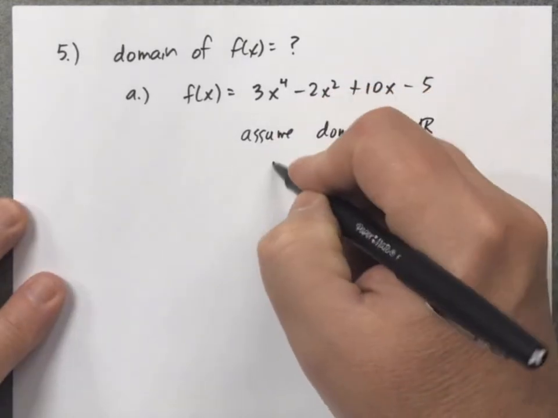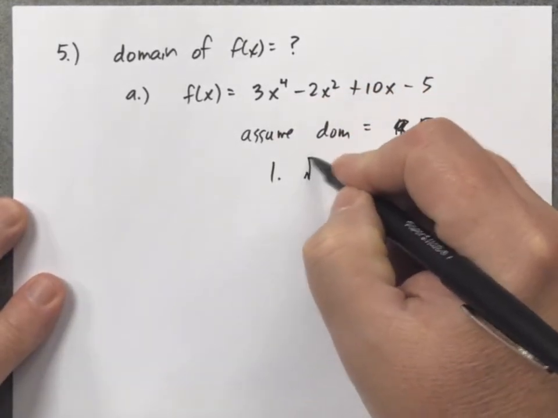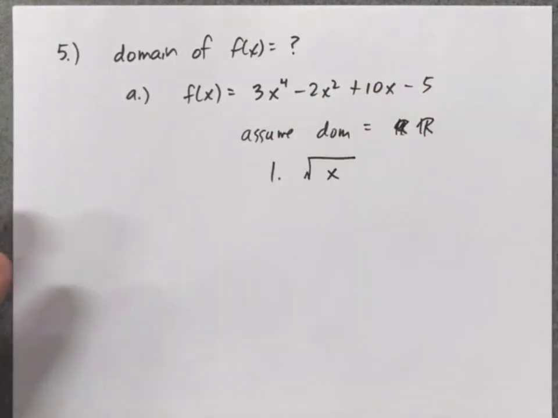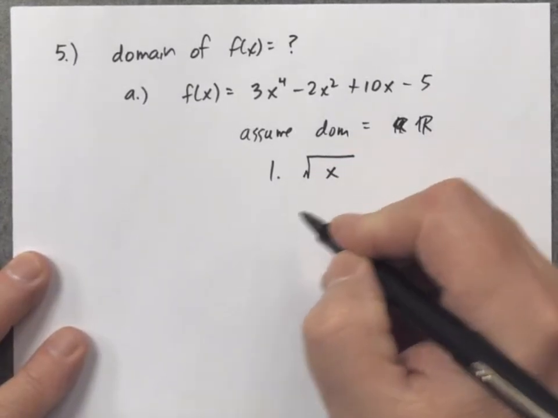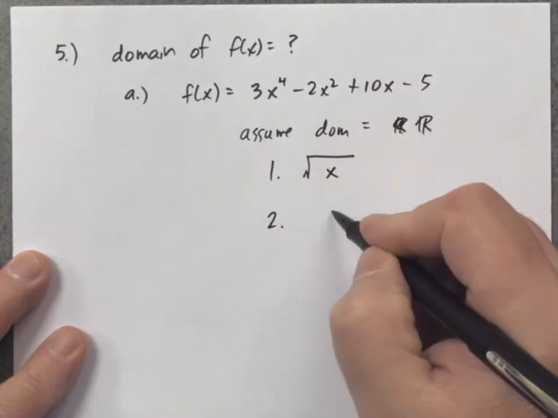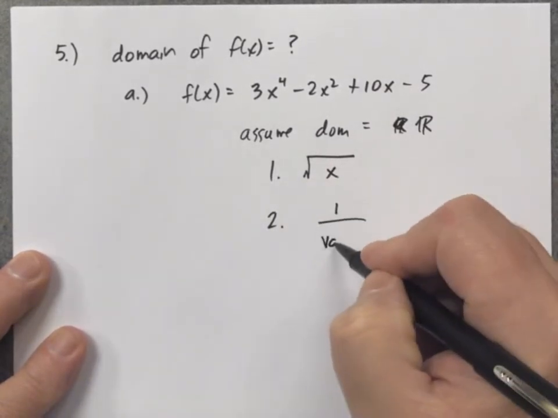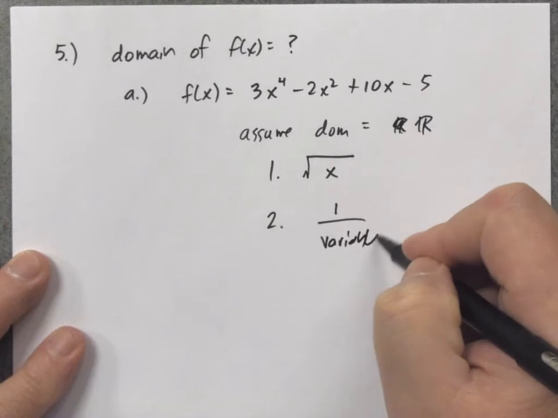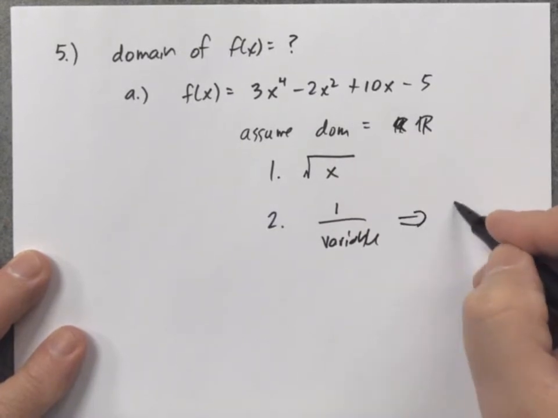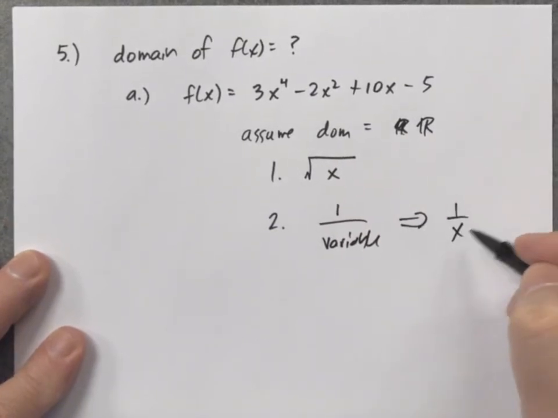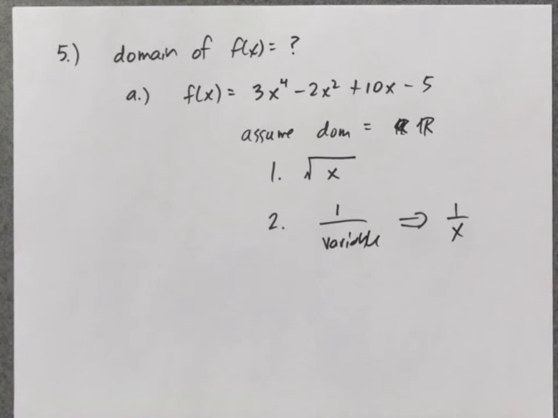The 2 situations are, if you ever have a variable under the square root, then that's going to change my domain. Or the second situation is if I have variables in the denominator, or I have x in the denominator of a fraction. That's also going to affect my domain.